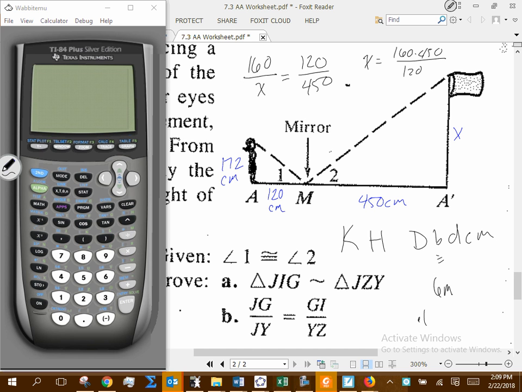If you said 0.6 decameters, you're right. If you said 0.06 hectometers, you're right. If you said 0.06 kilometers, you're right. Does that make sense to everybody?